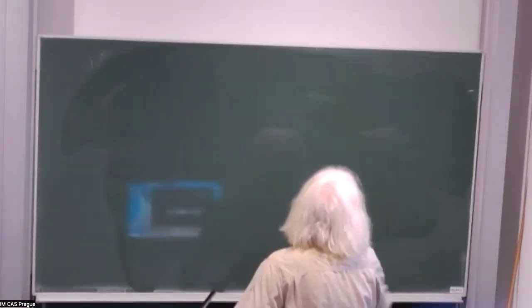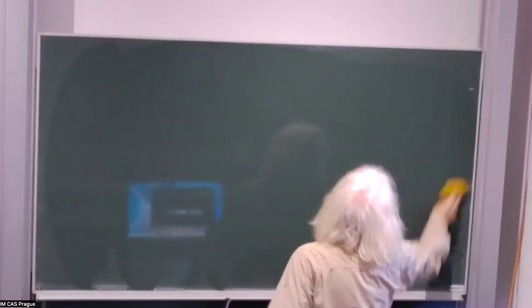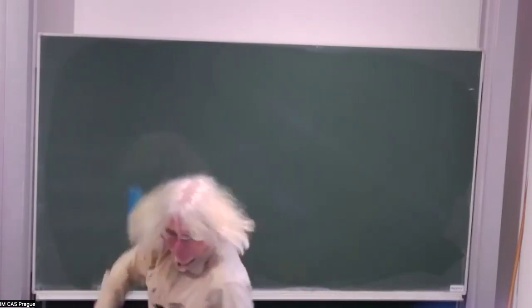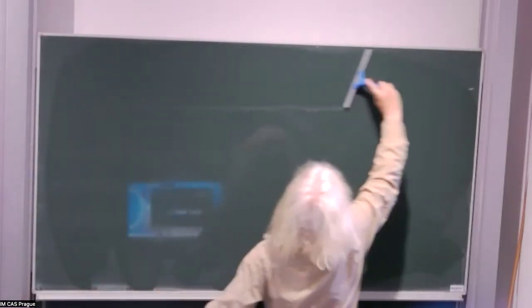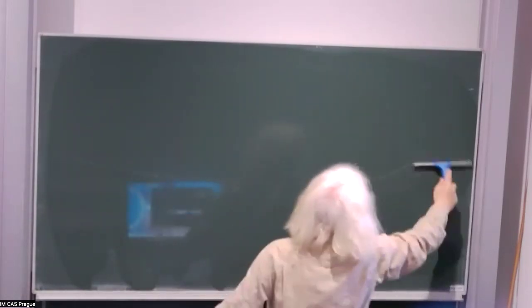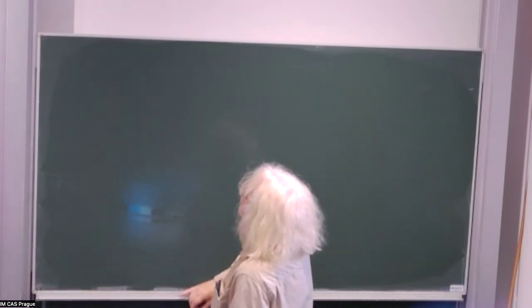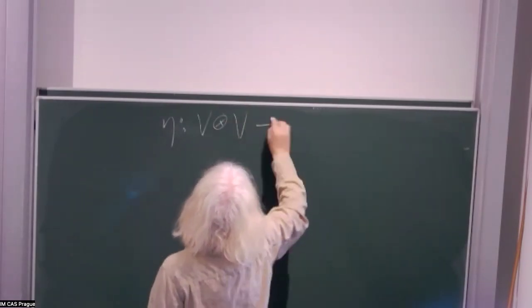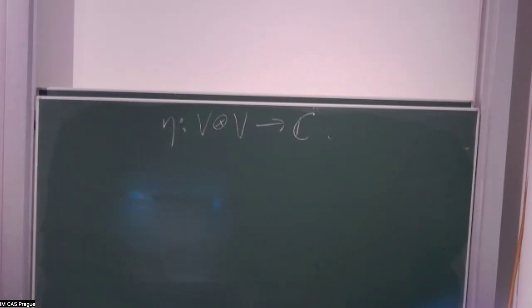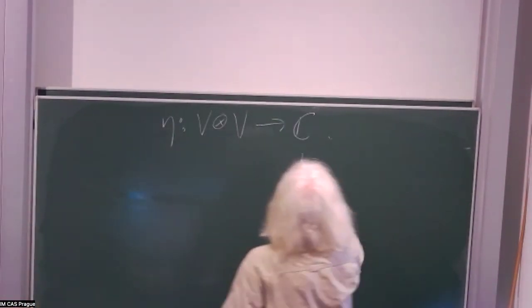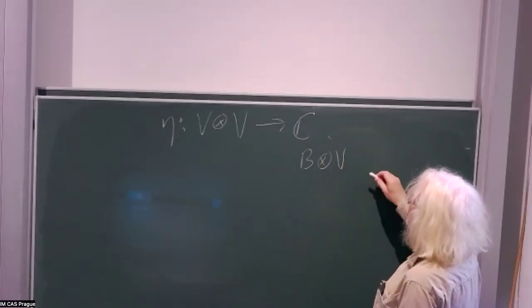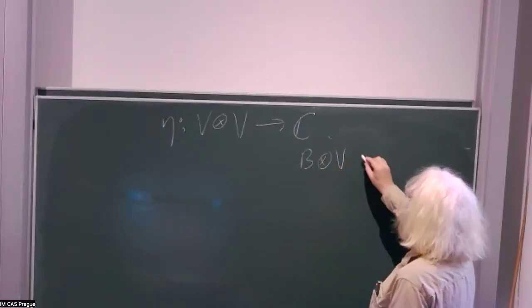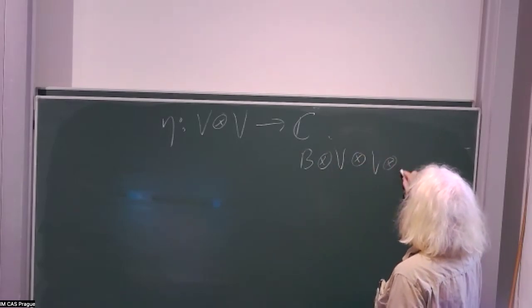One natural way to get an inner product here is to choose a co-module map from V tensor V to C. If you remember, we had a calculus which was V tensor V, that's the omega 0-1 calculus, tensor the omega 1-0 calculus.